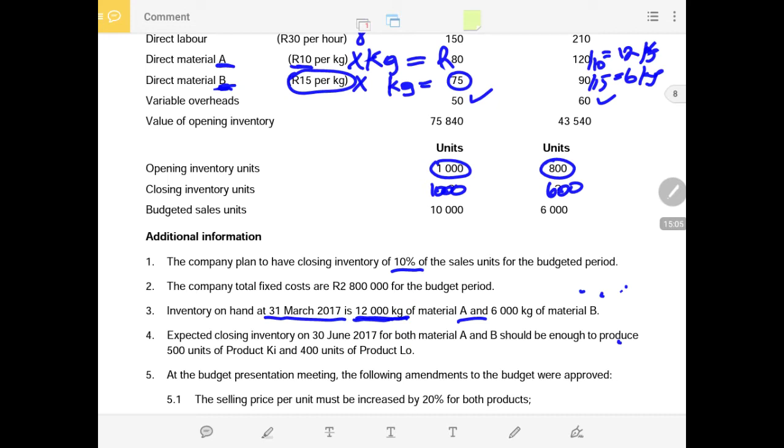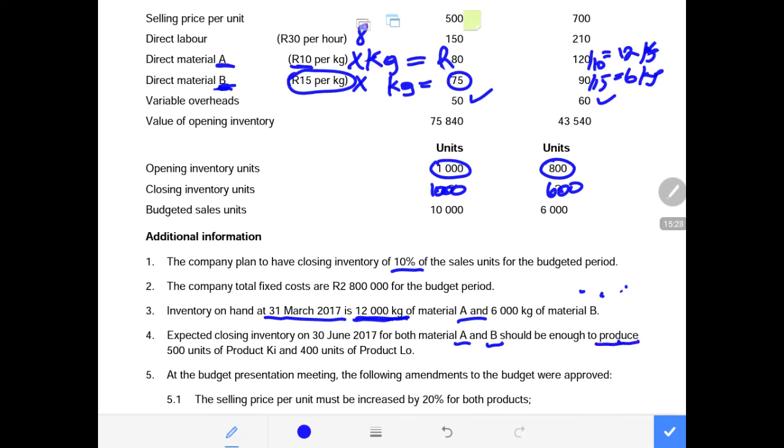Then we are told under number 4. Now that means with the material, what do we have? We have opening. Closing, we don't know yet. They say expected closing inventory at the end of June for both material A and material B. Now they are giving us the closing inventory of the raw material, which should be enough to produce how many units?